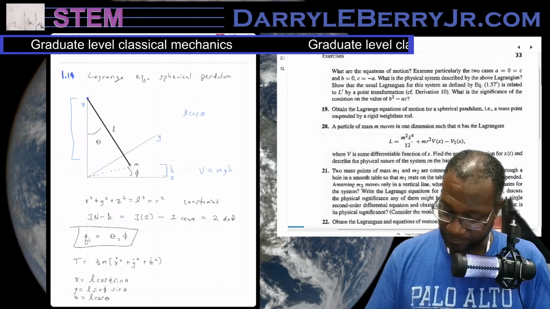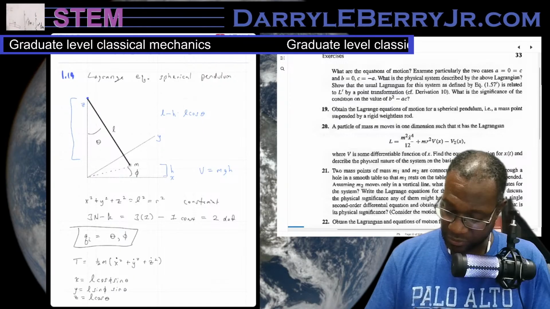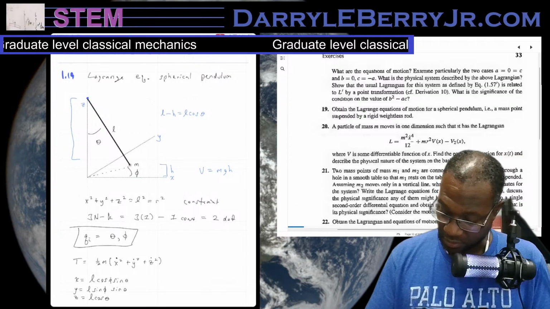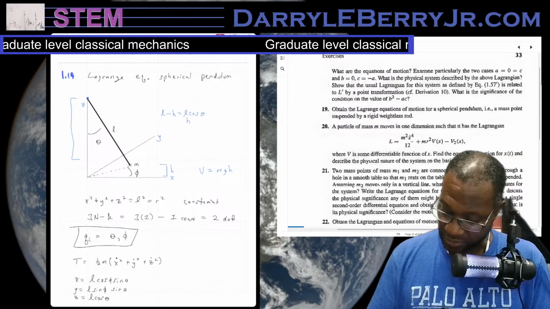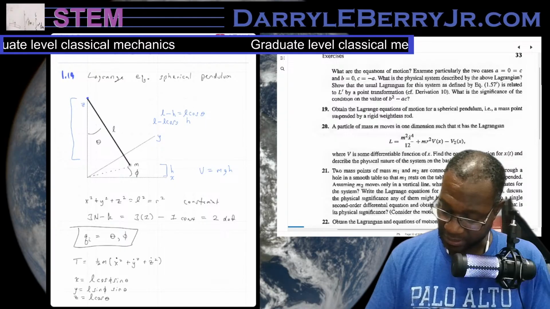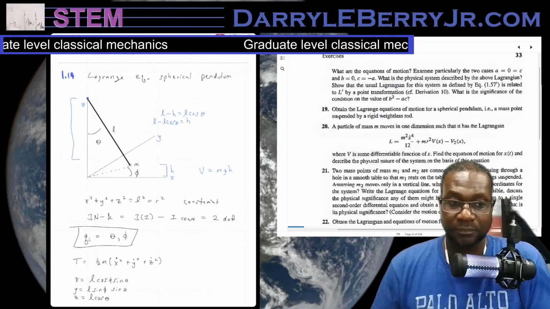So I can say L minus h equals L cosine theta. If I put h on the other side to make it positive, L minus L cosine theta equals h.